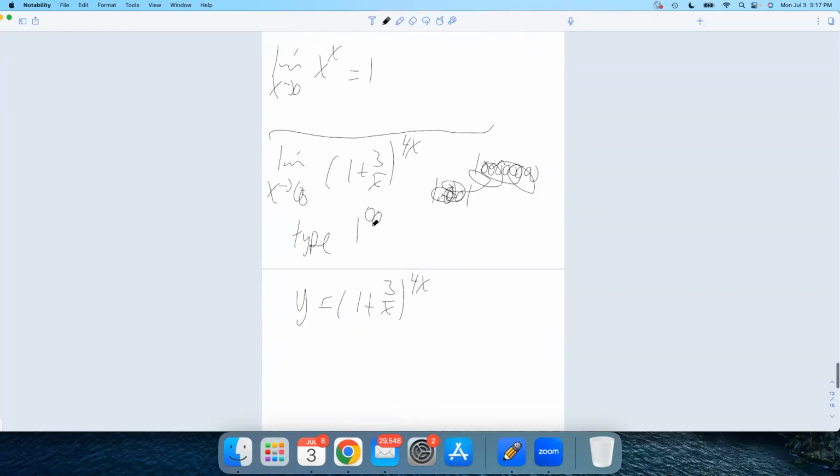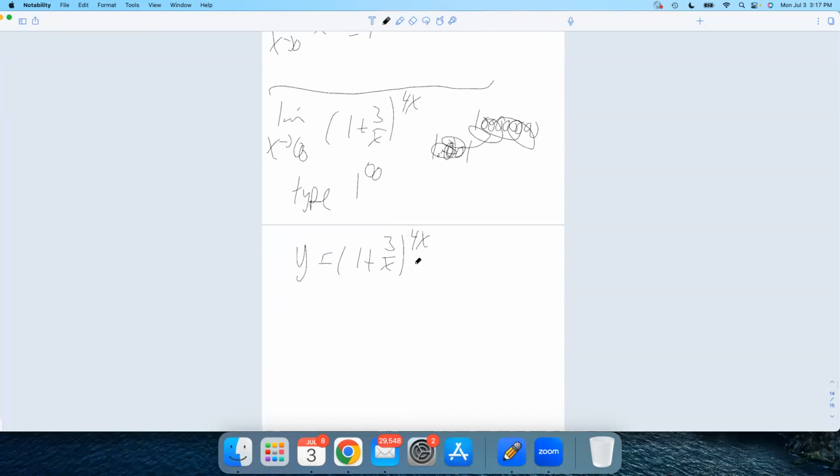We play this game here. Call the thing you're after y and take the natural log of both sides. The entire purpose of taking log is to bring this thing down to ground level.